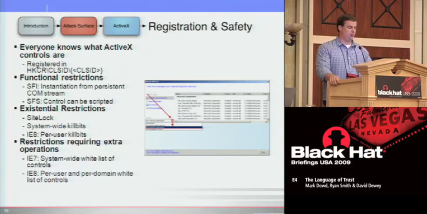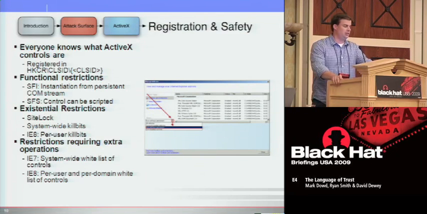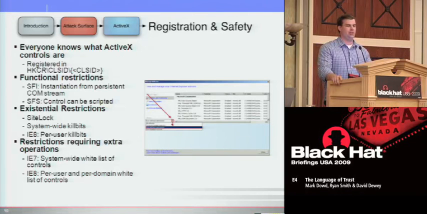A few more restrictions that have been added. Site lock allows a developer to determine which domain a control can be loaded from at compile time. There's system-wide kill bits. The kill bit is a feature that allows you to restrict the instantiation of a particular control based on class ID.